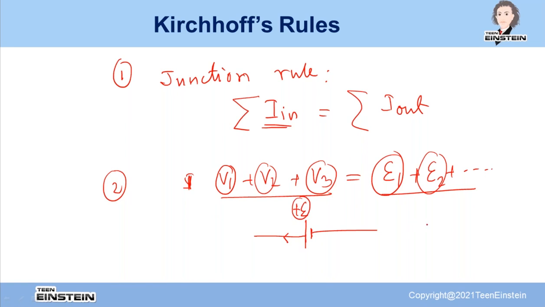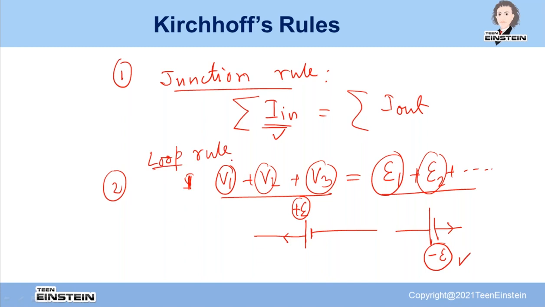In each problem you have to apply the junction rule as well as the loop rule. In the loop rule we are dealing with voltages, which are potential. That's why this law is named KVL, Kirchhoff voltage law, and the junction rule is KCL because we deal with current.